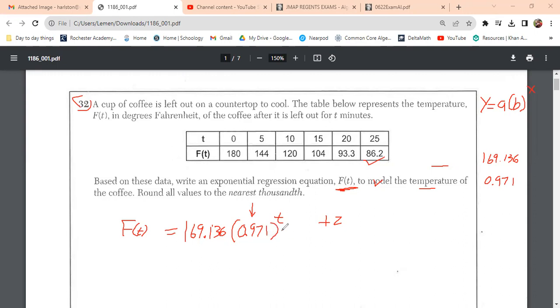Now, if I said, how much is this decreasing by, you would subtract 1 from this, and it'll be... so it's decreasing by about 6.9%.